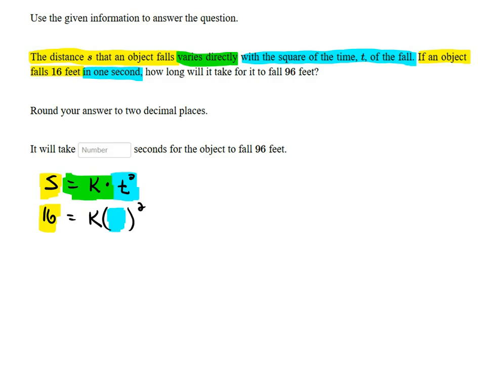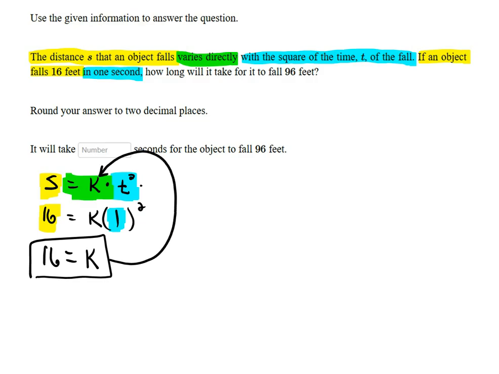In 1 second goes right there. And of course, 1 squared is 1, and k times 1 is just k. So this has to now go where the k is, and my equation becomes s equals 16 t squared.